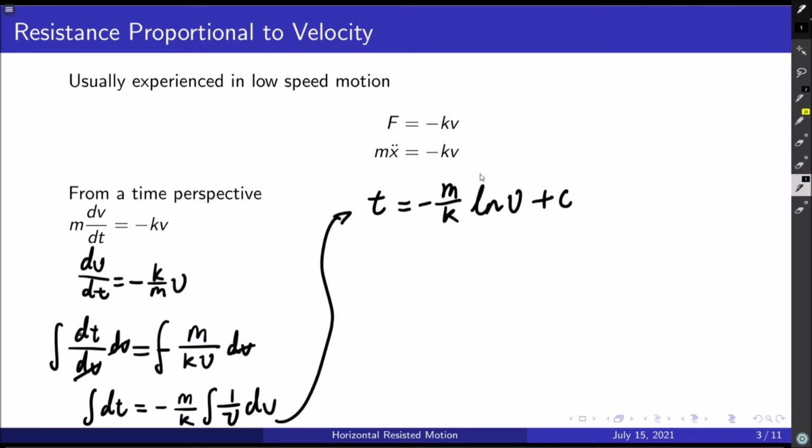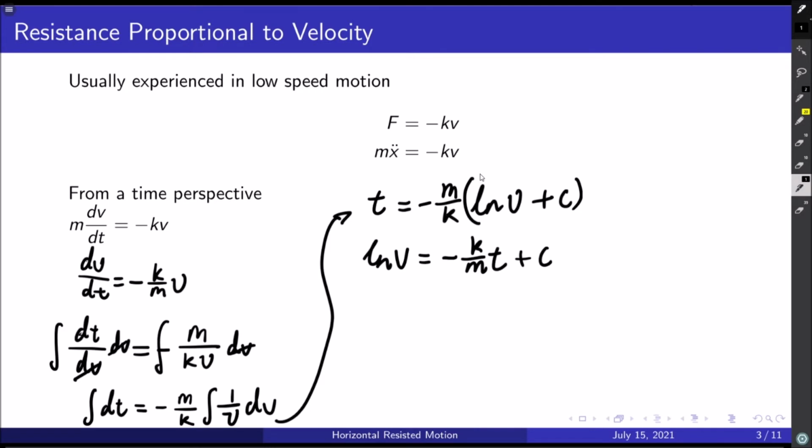Now we just have to rearrange things to make it into a function with v as the subject. So log v equals minus k over m times t, plus c. Because it's a constant term, whether negative c or positive c, we should always treat it as a positive c.